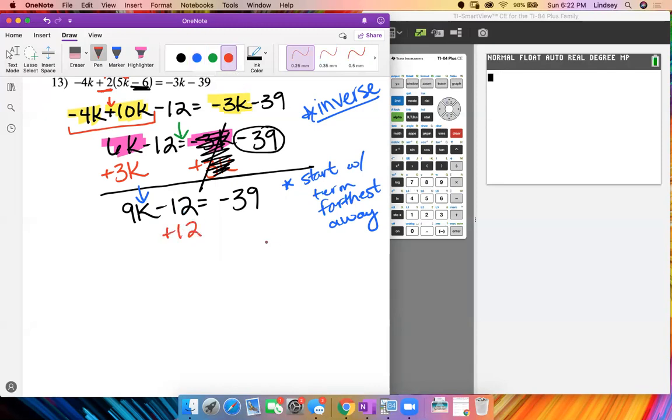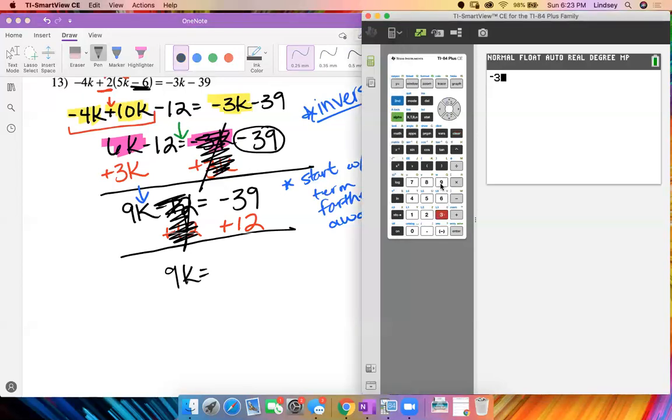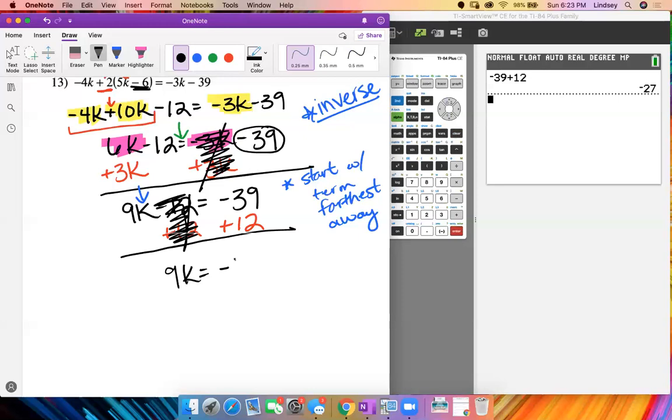I add 12. If I do it to one side, I have to do it to the other. Those will all cancel out. So I'm left with 9k equals, I have a negative 39 plus 12. Okay, so that leaves me with a negative 27.